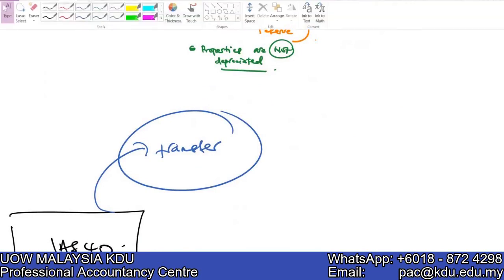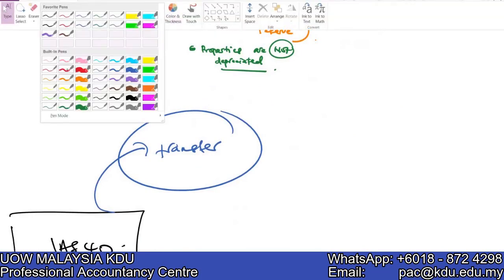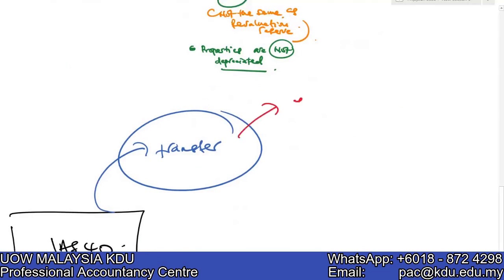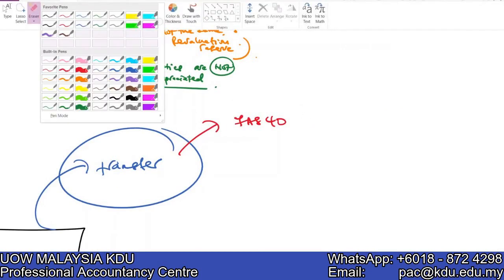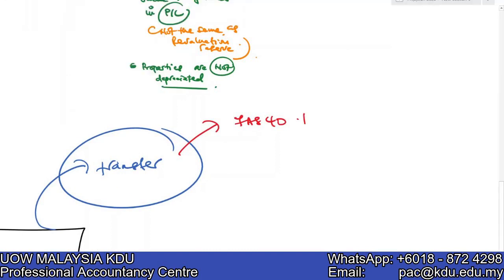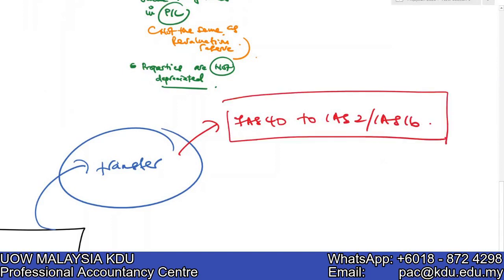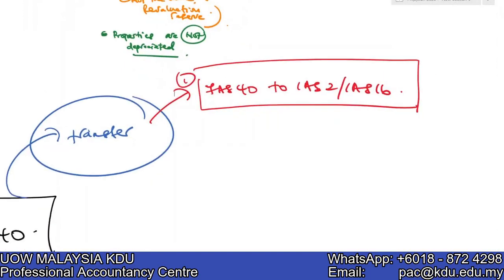The first scenario is you transfer from investment property to PPE or inventory, that is, from investment property to IAS 2 or IAS 16.